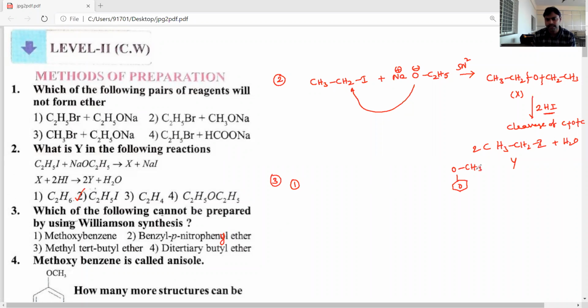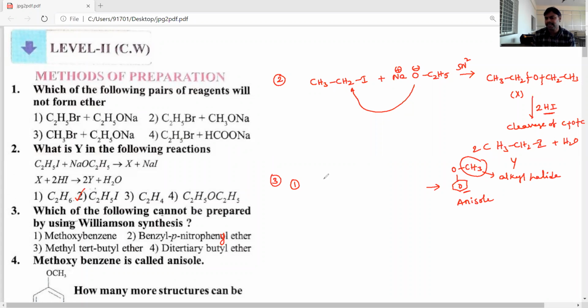To synthesize anisole by Williamson ether synthesis, we need an alkyl halide and sodium phenoxide, because if the halogen is directly attached to the benzene ring, it cannot undergo nucleophilic substitution reactions.